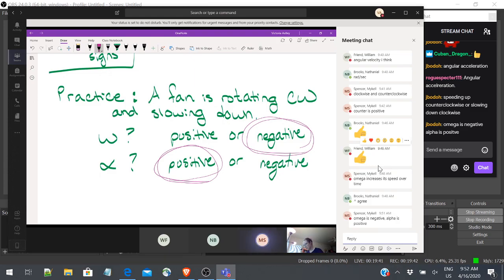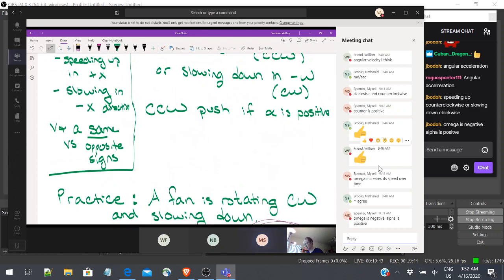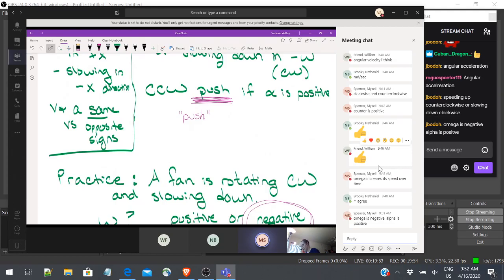Okay. So we are going to come back to this idea of a push. This is a specific kind of push. It's a push that makes something rotate. Not all pushes will make something rotate, right? You can push something and it just moves, versus a push that makes something rotate.